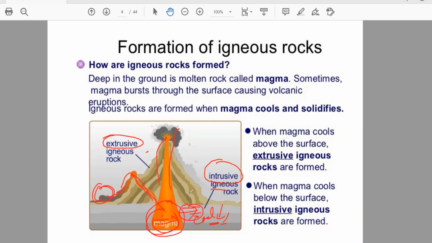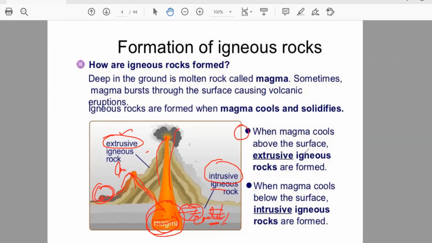Both are igneous rocks. But if the magma is cooled down inside the earth, under the earth, that is known as intrusive igneous rocks. And if it comes out in the form of lava and then cools down and forms an igneous rock, that rock is known as extrusive igneous rocks. Here the definitions are given.